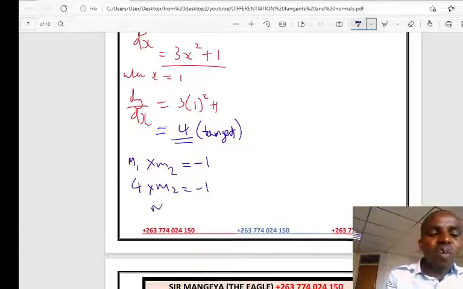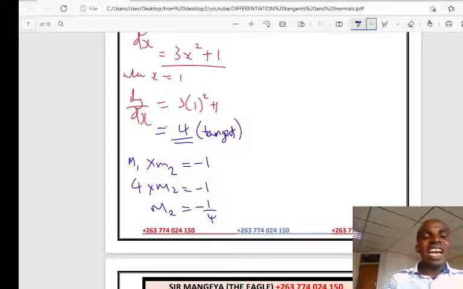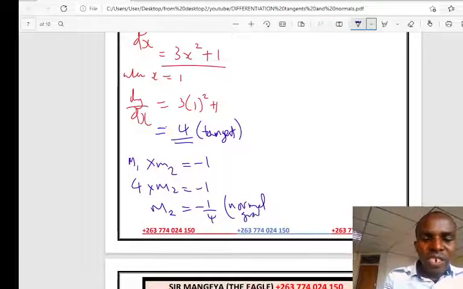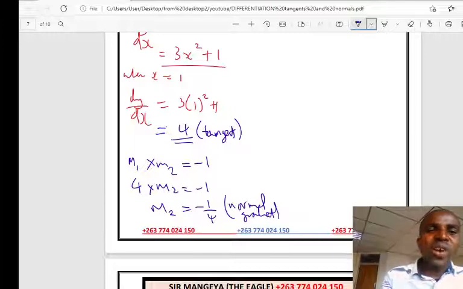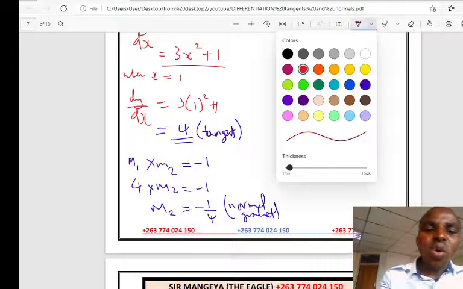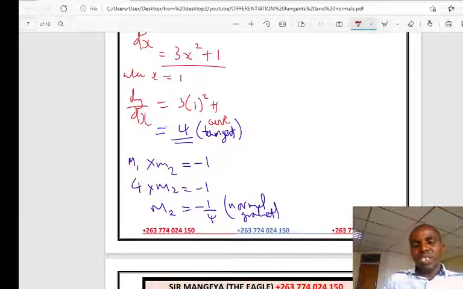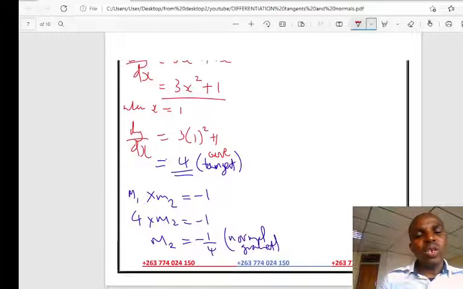You divide both sides by 4 and you get m2 is minus 1/4. So this is now the normal gradient. The 4 was the tangent or curve gradient, because the gradients of tangent and curve are the same. The gradient of the normal is minus 1/4.